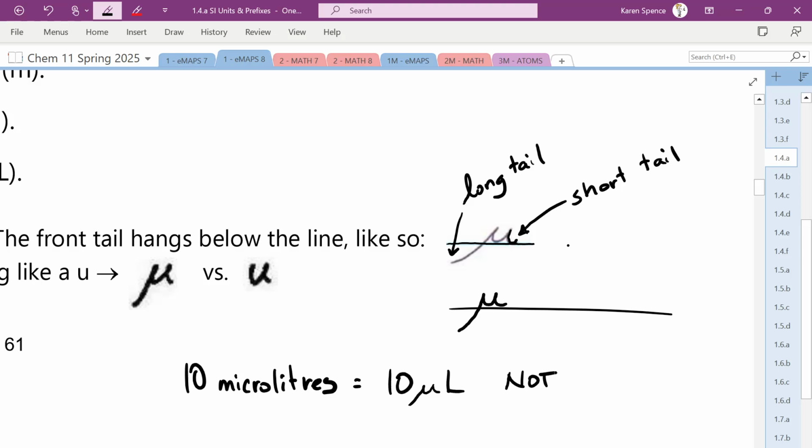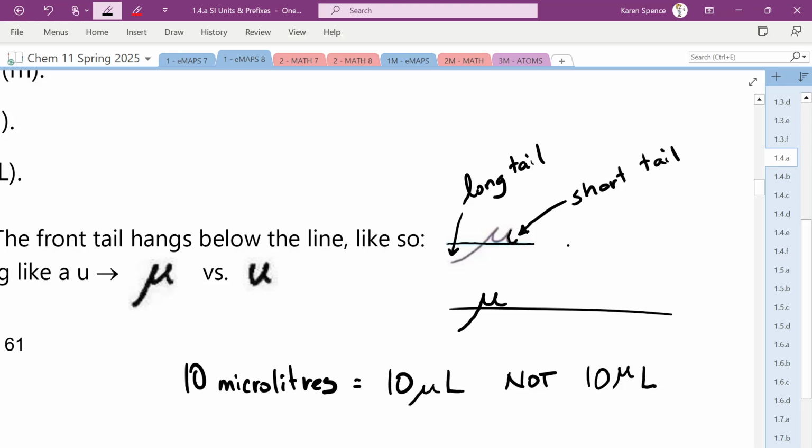Not 10 microliters like that. What's wrong with that one? It looks more like an M, and it's going to get confusing, and it's up too high.